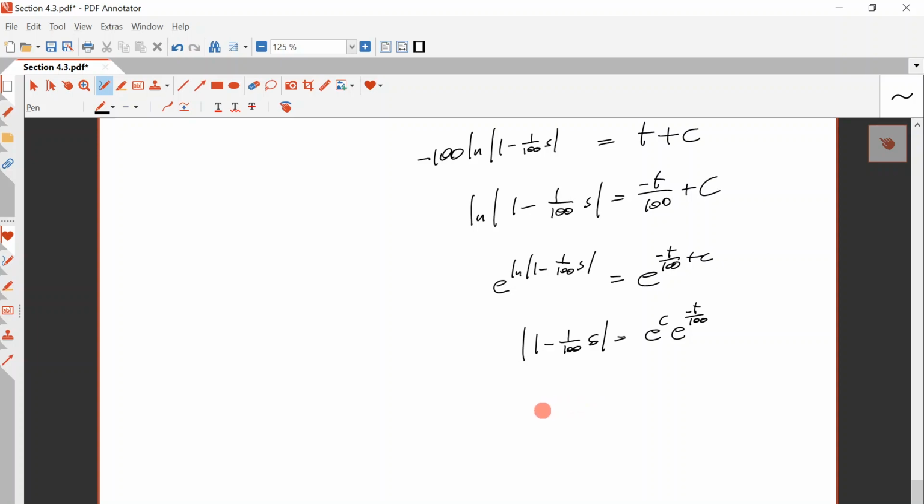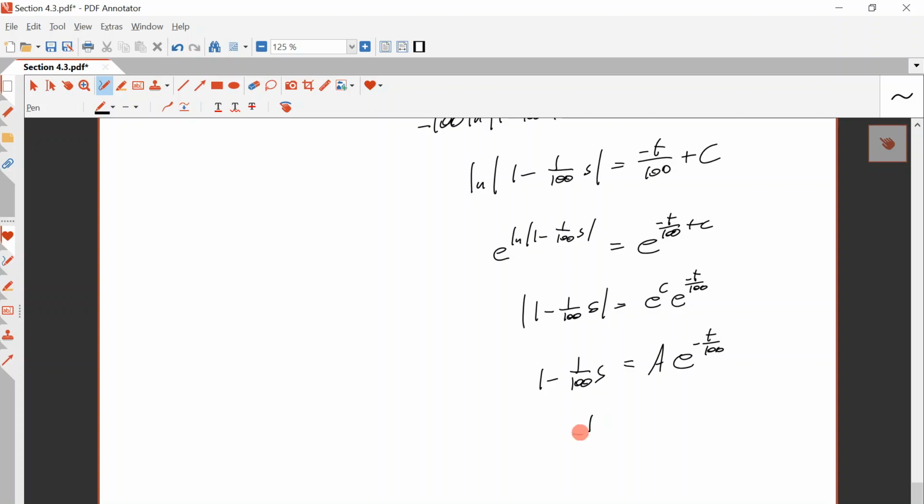So we get 1 minus 1 over 100 s is equal to, well, it's just an arbitrary constant, plus or minus e to the c, e to the minus t over 100. Okay, I'm going to move things around.